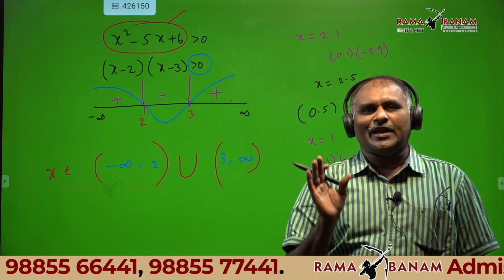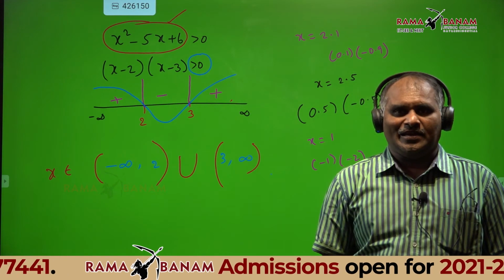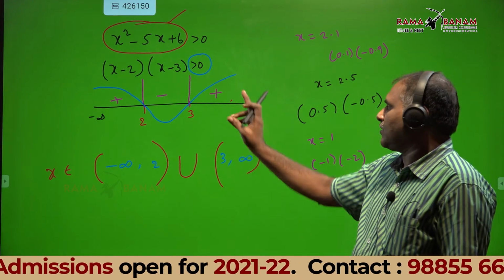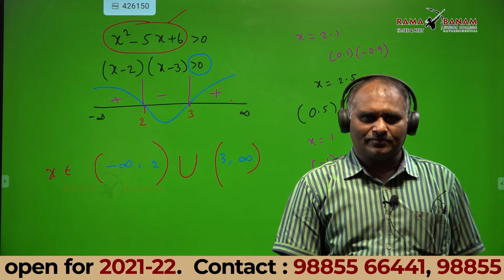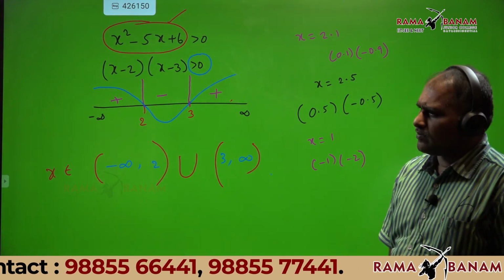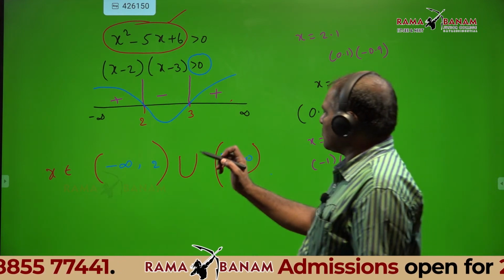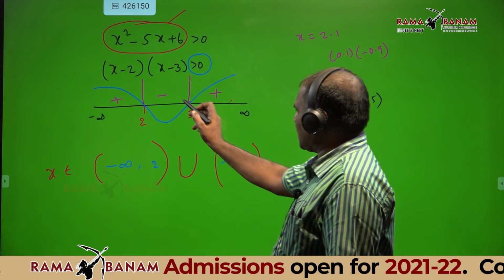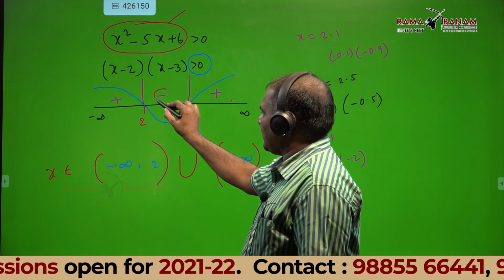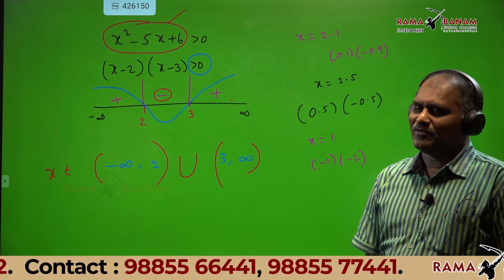It's not a number sign, it's a function sign: whether the function is positive or not. A student says if x is 2.5, 0.5 into minus 0.5 gives minus 0.25. Yes, that's why I wrote minus here.